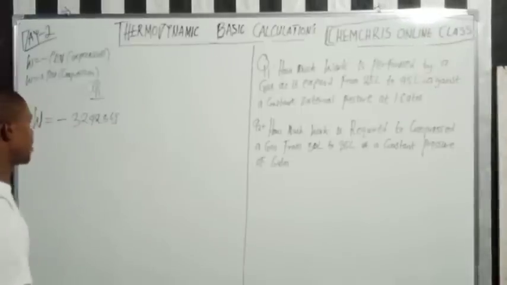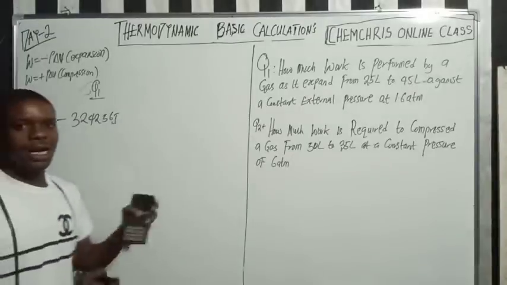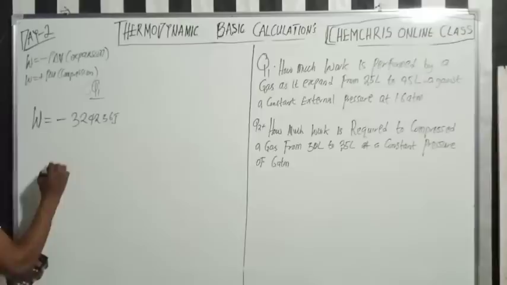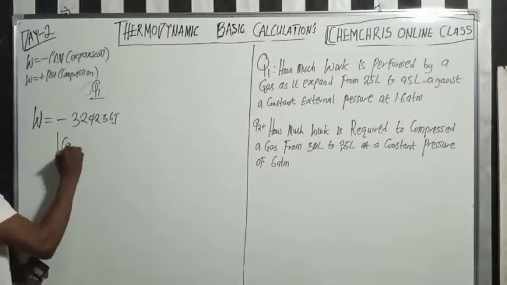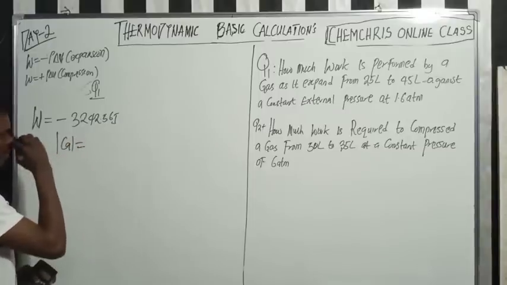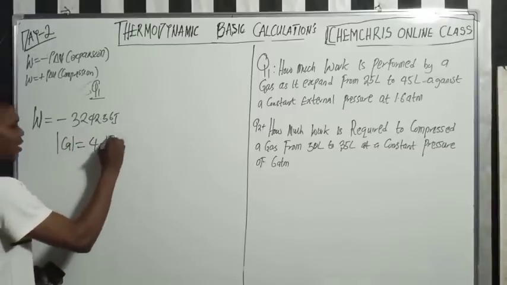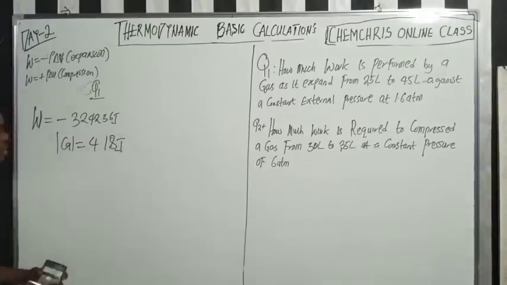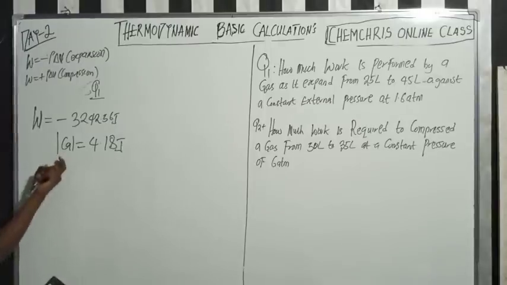How do you convert to calories? Remember, there's a relation between calories and joules. The relationship is 1 calorie equals 4.18 joules.